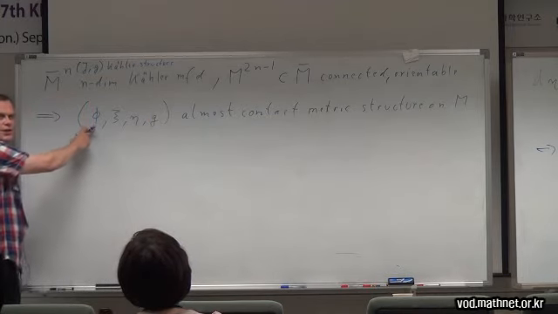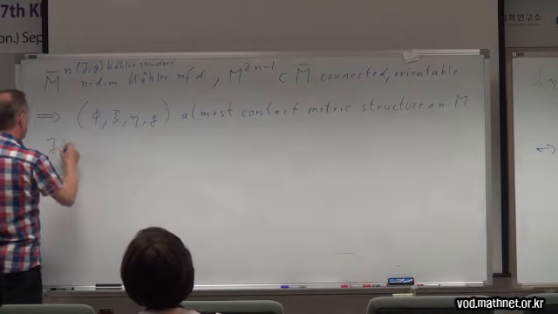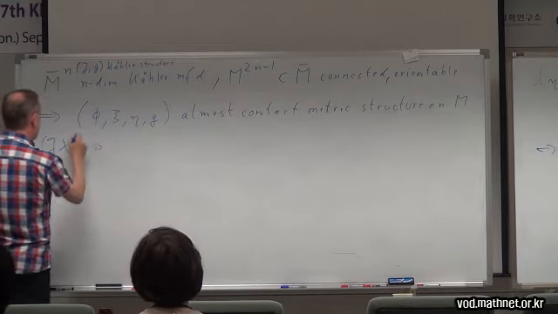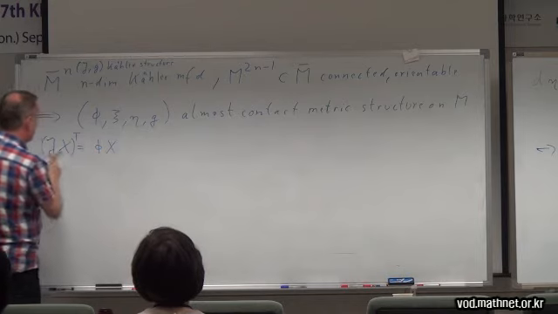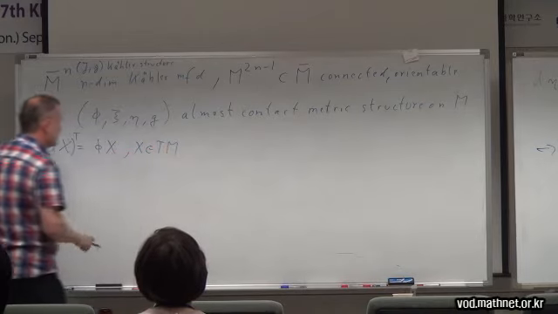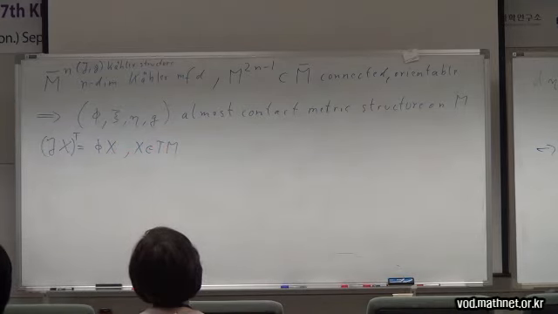Phi is just the tangential component of J applied to X, where X is in TM. So this gives a nice tensor field on the hypersurface.